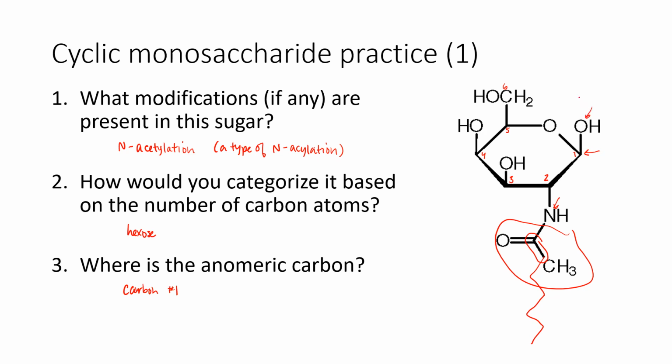This hydroxyl group used to be the carbonyl oxygen when the sugar was in the linear form. This oxygen that's part of the ring used to be an alcohol group on carbon number 5, but that then attacked the carbonyl carbon to form this hemiacetal.